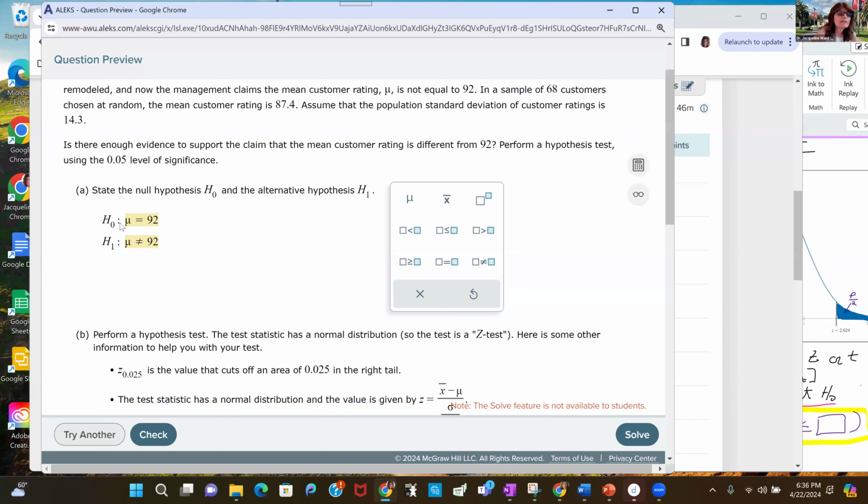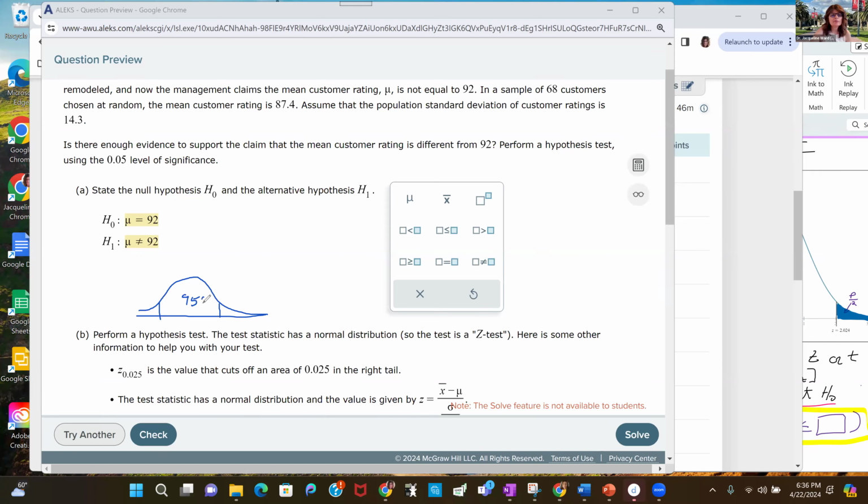Since this is a two-tailed test and alpha is 5%, you're going to have 2.5% in each tail.